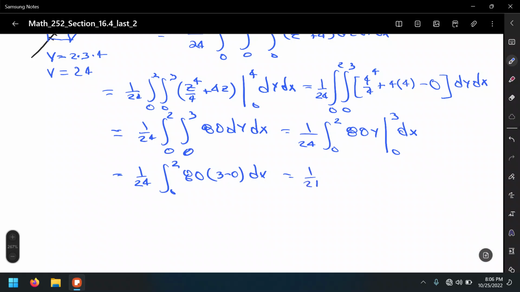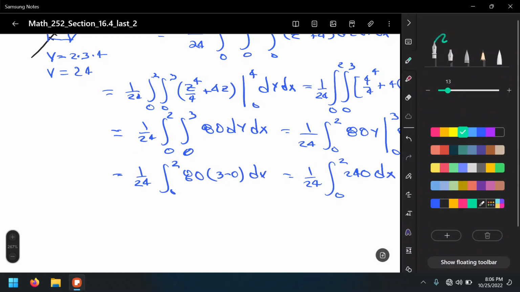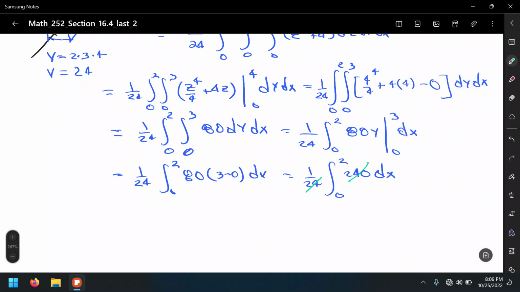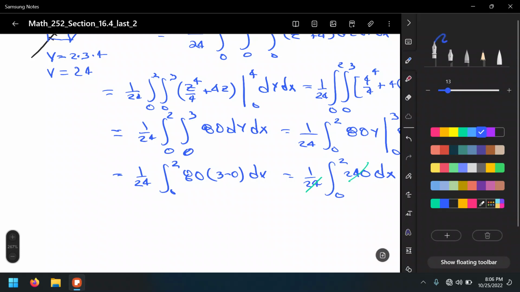So 1 over 24, 0 to 2, 240. And instead of integrating 240 dx, how about we divide 240 by 24 and have a 10 outside of the integral? I think it's much better to do that.